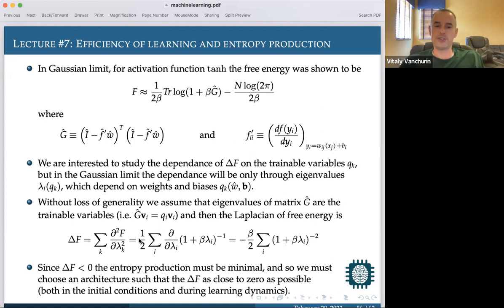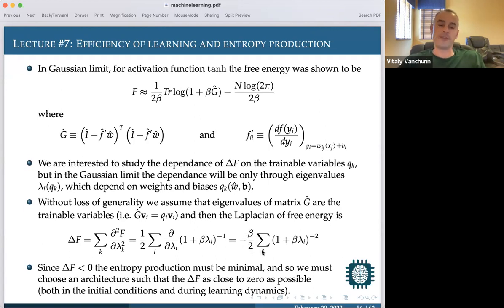So after the first derivative, the log will become 1 over (1 minus beta lambda_i). The beta will jump in front, will cancel with this beta, and so you'll get that expression, and then you differentiate it one more time, you get that expression. And so now, by doing this, we've achieved a result that this Laplacian, if we are treating eigenvalues as the dynamical trainable variables, is actually negative.